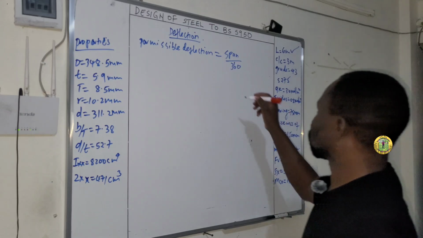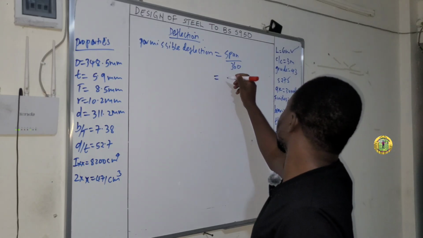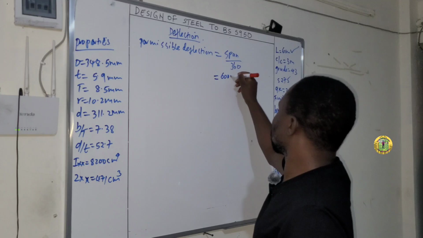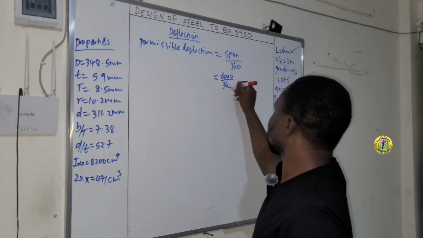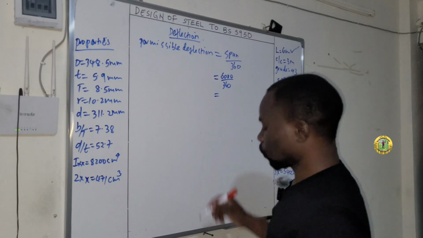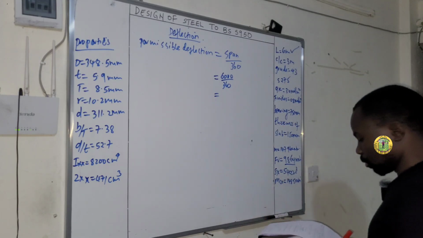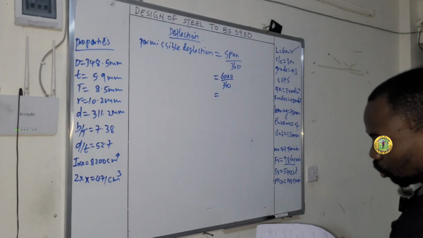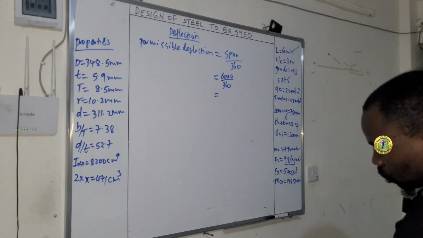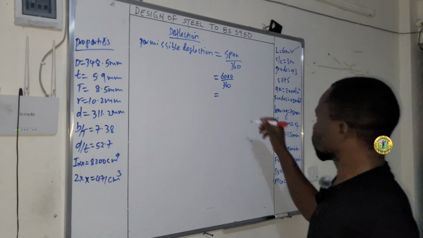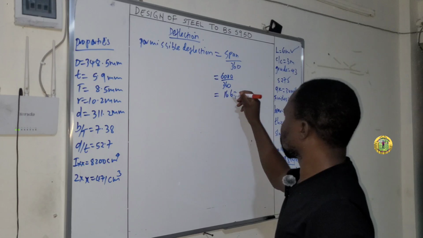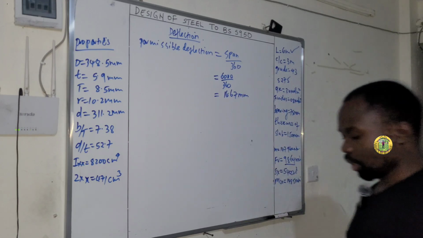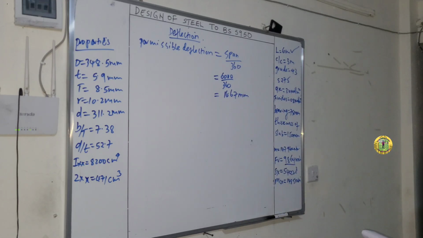So this one is equal to, span is 6 meters, so you change it to millimeter, over 360. So this one is equal to 16.67 millimeter.